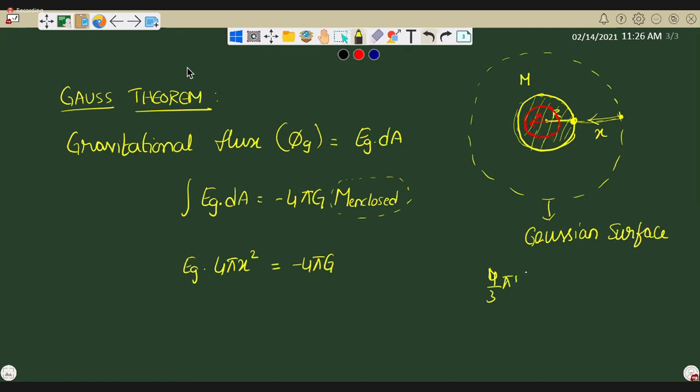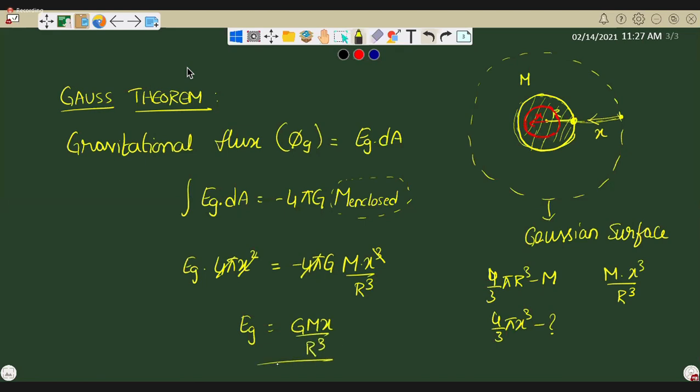For 4/3 pi r cube, the mass is M. So for 4/3 pi x cube, how much is your mass? M into x cube divided by r cube. The 4 pi cancels, so Eg is GM x divided by r cube. Is this what you got inside? Yes.